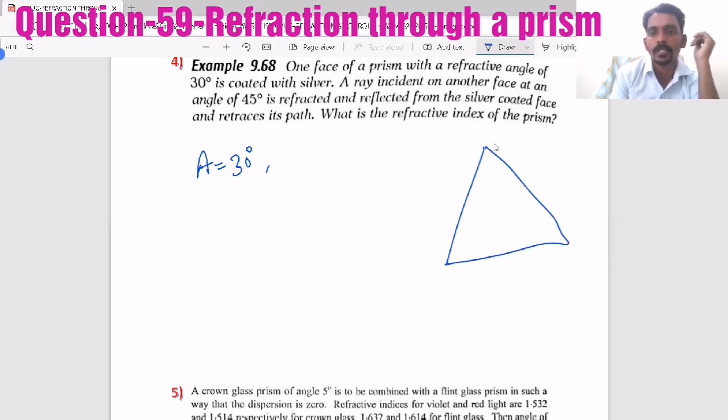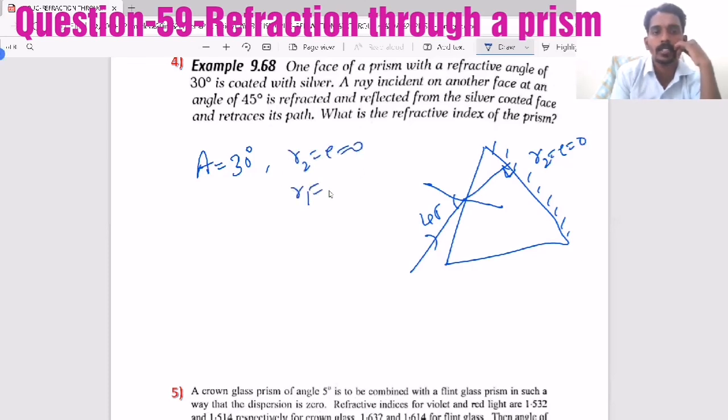As I mentioned, this is the retracing path condition. So it falls here at an angle 45 and falls perpendicularly on the silvered face. That means R2 and E both are 0, so R1 equals A, that is 30 degrees.